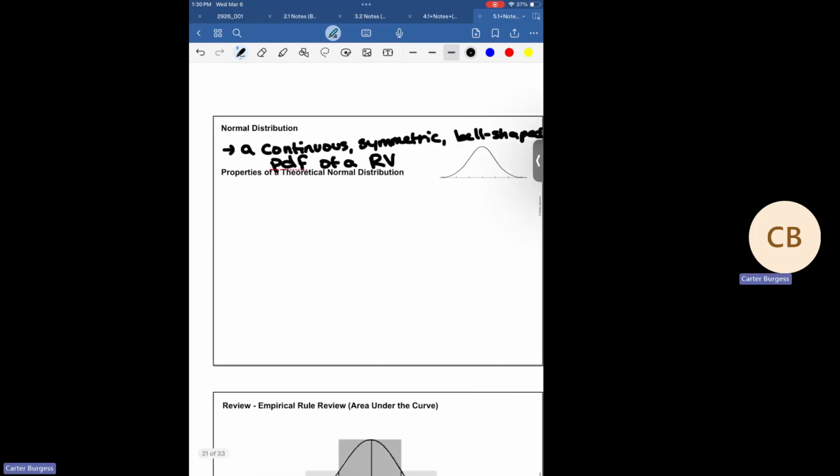Okay, a couple of things that we can talk about for the normal distribution. For instance, one interesting thing is that all three of the measures of center that we spoke about, so mean, median, and mode, all occur at the same place.